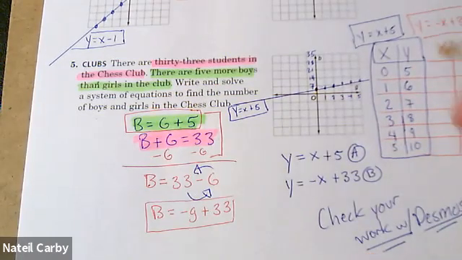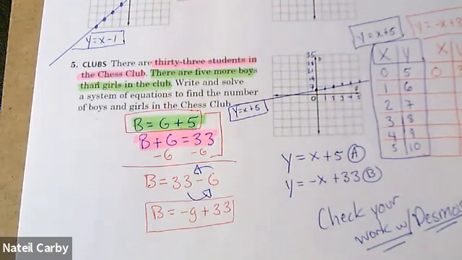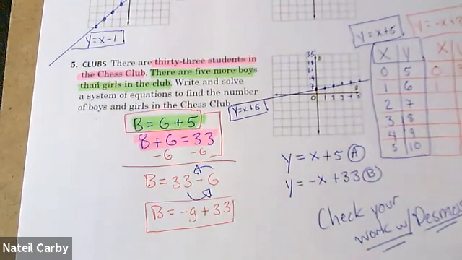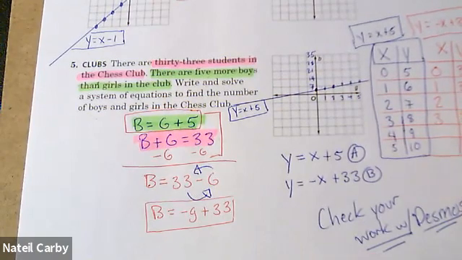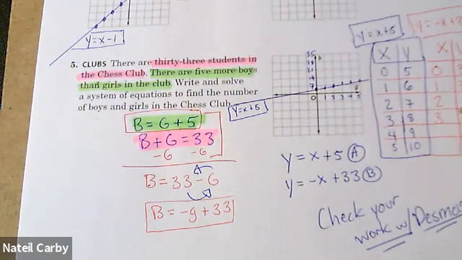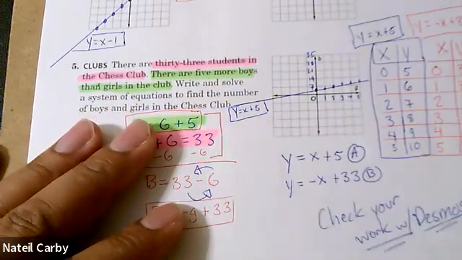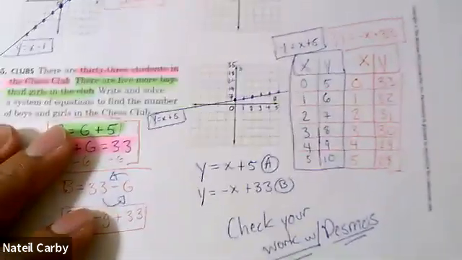All right. We have 0, 33, 1, 32, 2, 31, 3, 30, 4, 29, 5, 28. It's lovely. This is lovely when math gets messy.